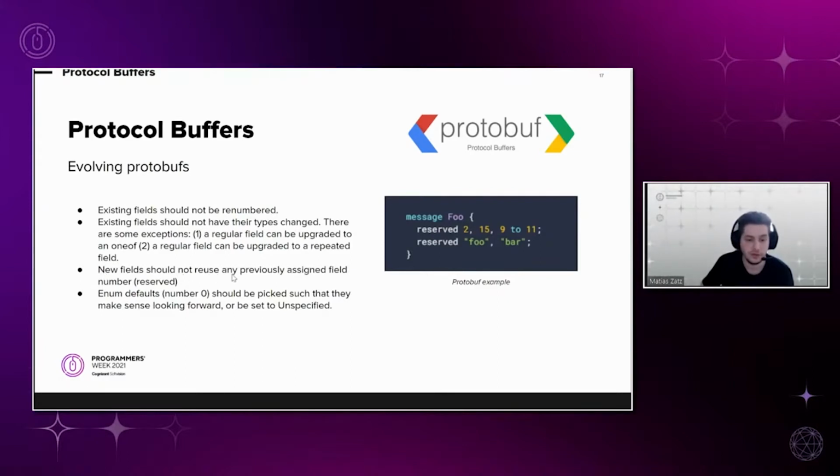New fields shouldn't reuse any previously assigned field, which is the reserved numbers we talked about. And enum defaults, which are indicated by number 0, should be picked so that they make sense looking forward, or set to unspecified. So you have enums in Protobuf. You can define a type of enum, but it should always have a number 0, which will be the default.